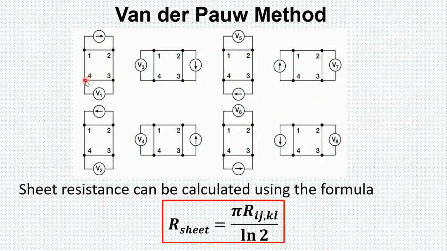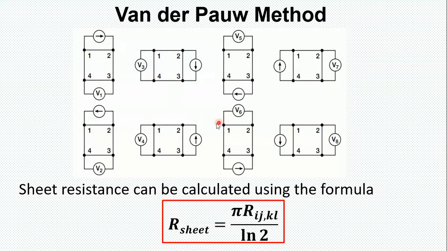That means in the first case you send current between 1 and 2 and measure voltage between 3 and 4, and in the next combination you apply current between 1 and 4 and measure voltage between 2 and 3. So there will be 8 combinations.